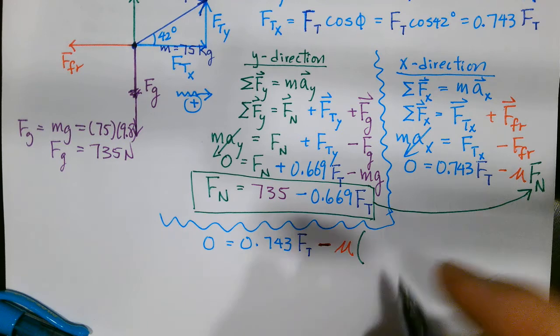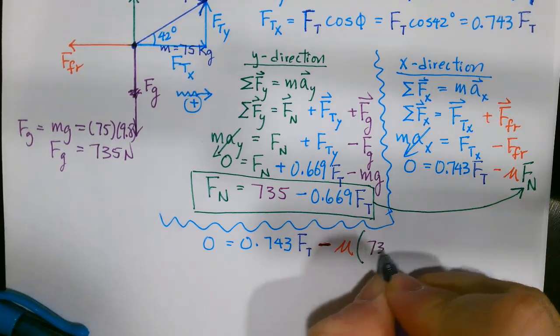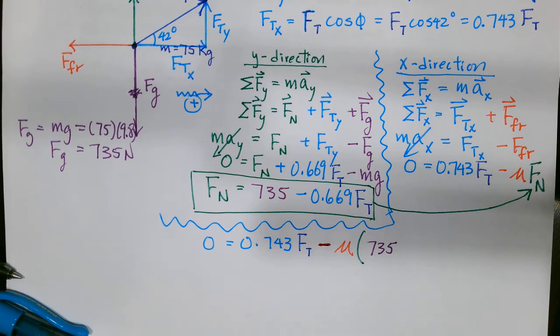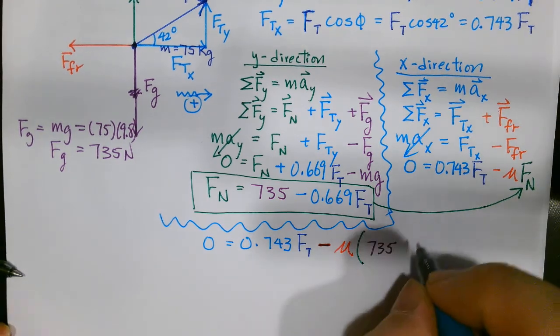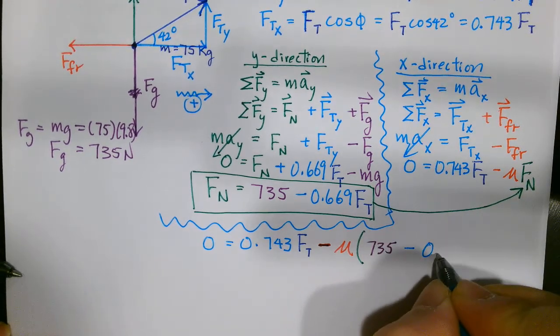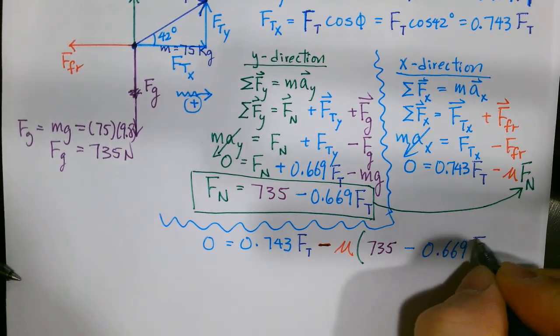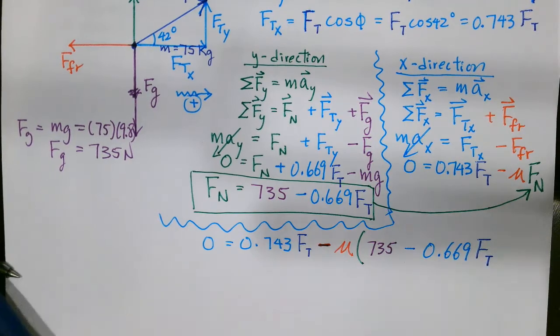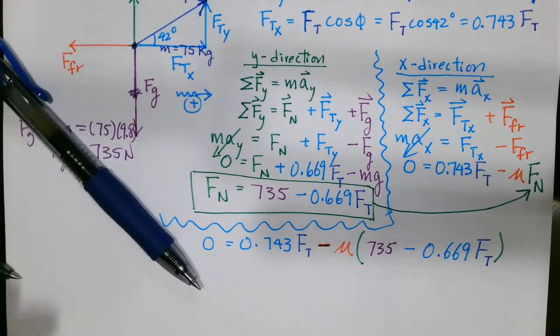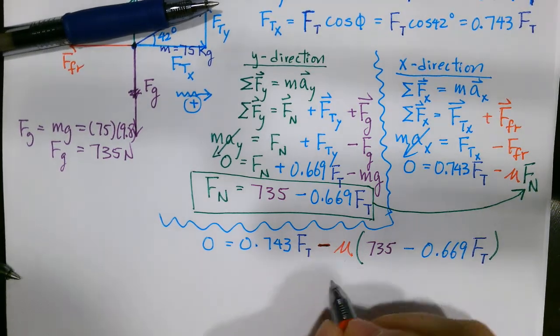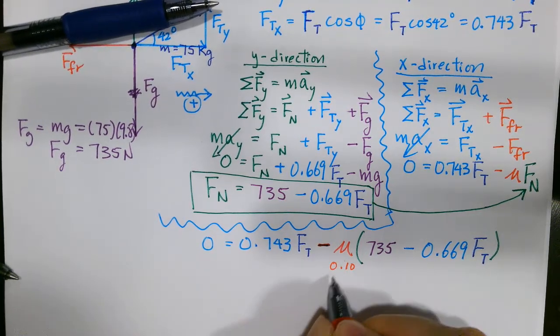Mu times 735 minus 0.669 F tension. We already know that this is 0.1. That's mu.